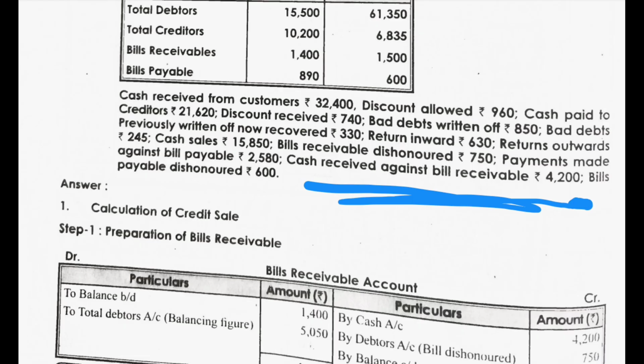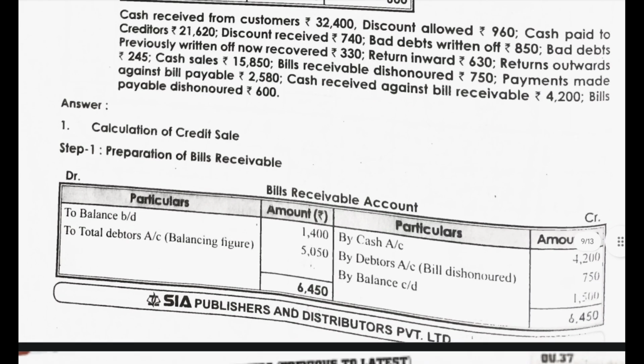Bills receivable dishonored we take on the credit side, by debtors. From the given information, we have taken the balance brought down, then cash received against bills receivable 4200, and bills dishonored by debtors on the credit side, and by balance carried down, the closing balance.